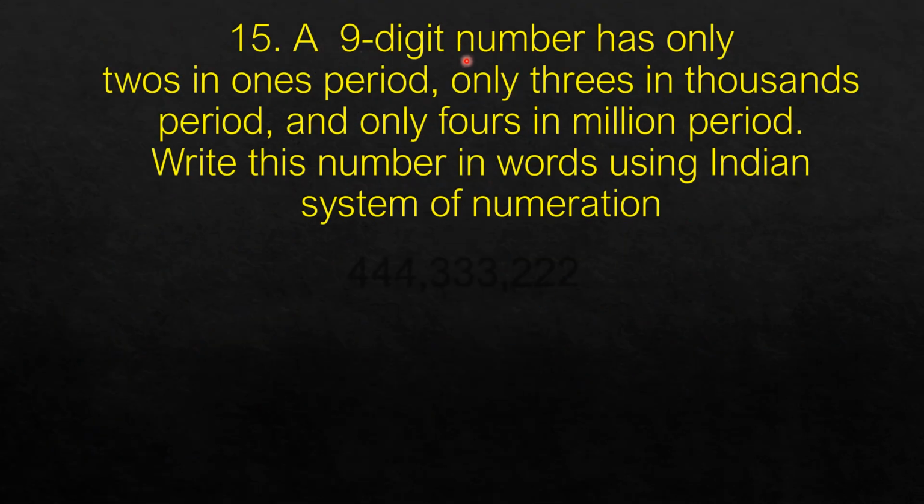A 9-digit number has only 2's in ones period, only 3's in thousands period, and only 4's in millions period. Write this number in words using the Indian system of numeration. First we write it in the international system as per the given conditions.